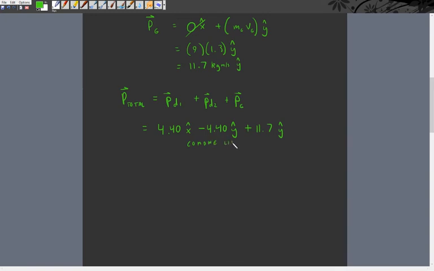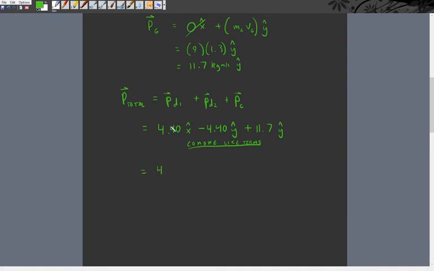Now what we're going to do is actually combine like terms. So the benefit of this unit vector hat notation is that we can actually just do this algebraically. We can get the answer in just one line, using algebra. Watch this.